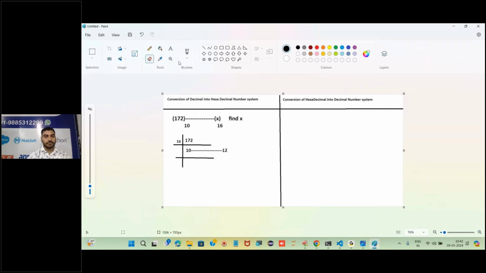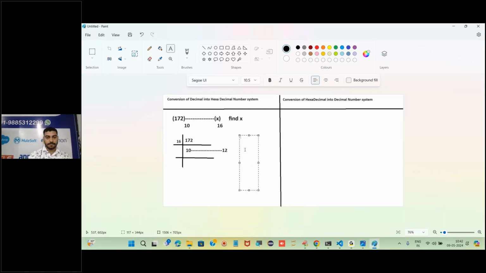Fine. So now you see 172, 170 in hexadecimal. Let me tell you, in hexadecimal values: 1, 2, 3, 4, 5, 6, 7, 8, 9.